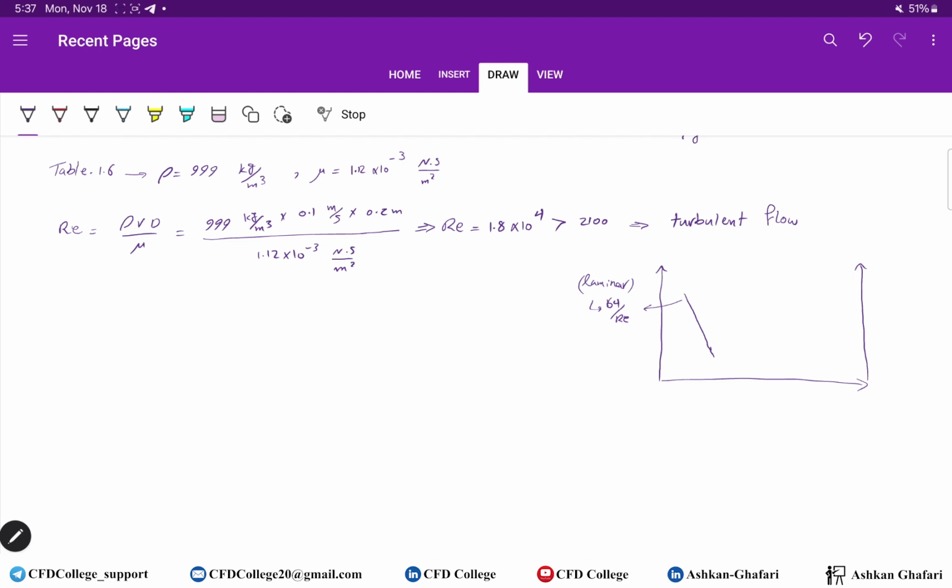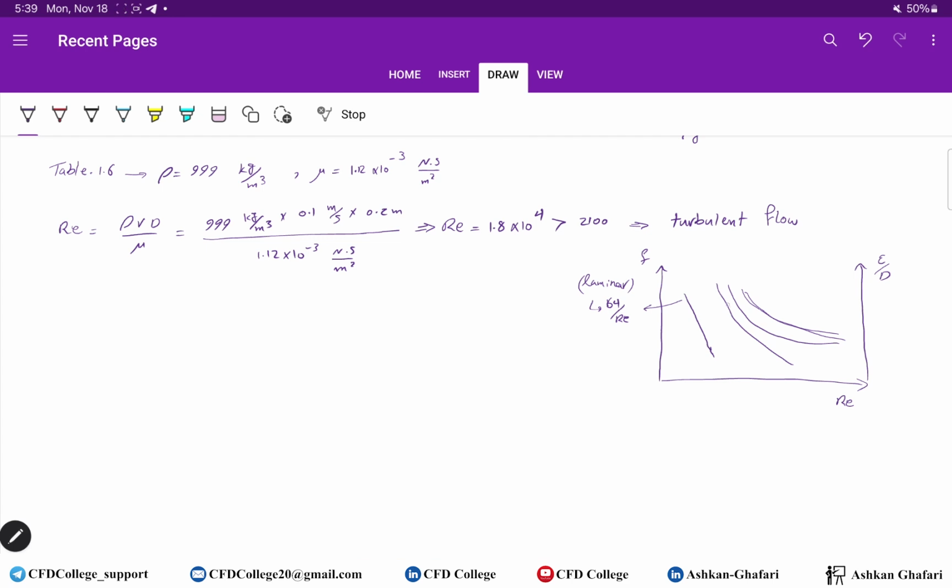Here you have the Reynolds number, here is f, and here is epsilon over D, roughness divided by diameter, which is a dimensionless number. And you have many of these lines, but one of them is for smooth pipe.